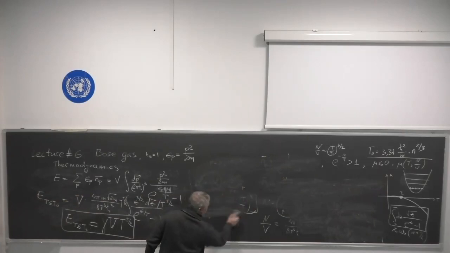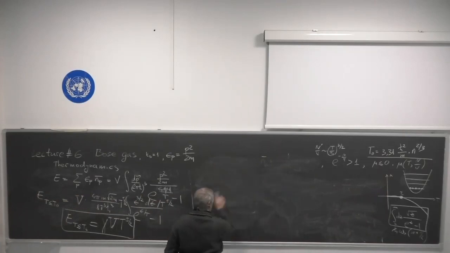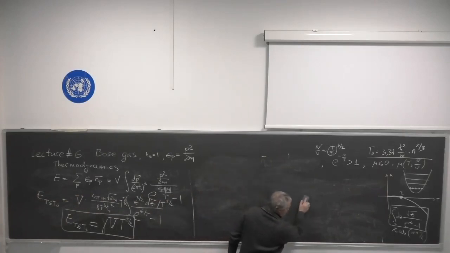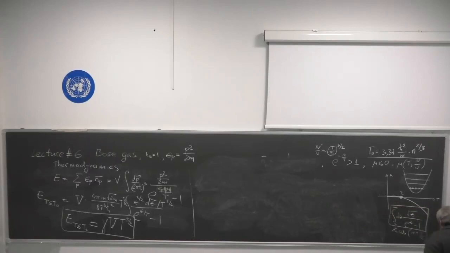If you remember, for the Fermi gas, I computed the thermodynamic potential omega, and since omega is equal to minus pressure times volume, it gives me the equation of state. For the purpose of education, I will treat the situation for the Bose gas in a bit different way. I already computed energy.